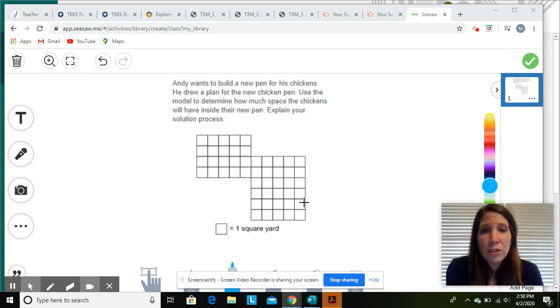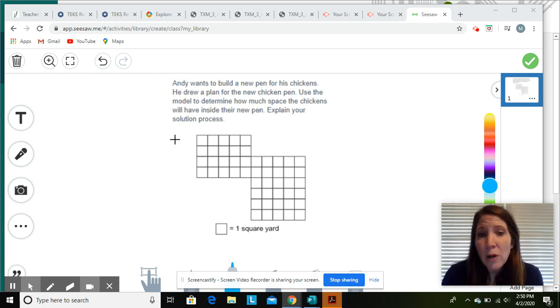And then you're going to work on Education Galaxy. In your Education Galaxy assignments, at the red tab, you will find an assignment that has something to do with area. It's either just called area or area of rectangles. I want you to practice that today after our lesson and after you've completed your one question that looks very similar to what we're about to do now.